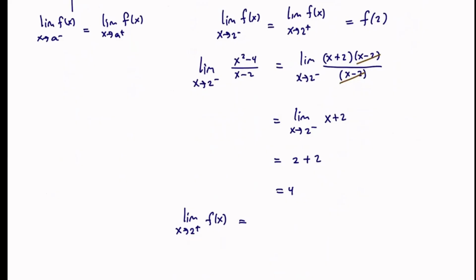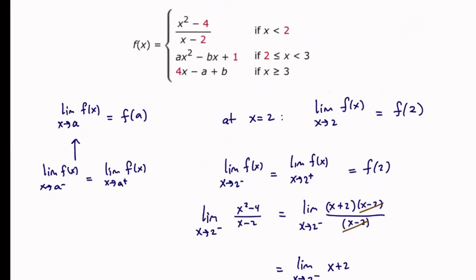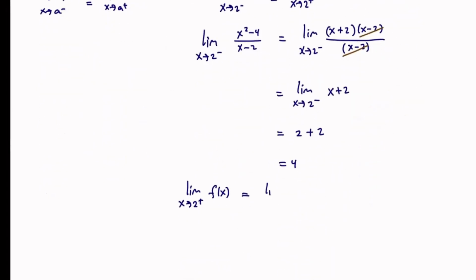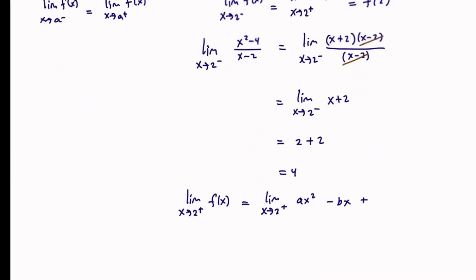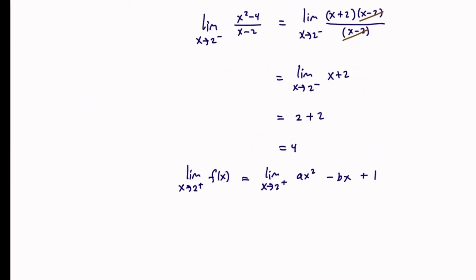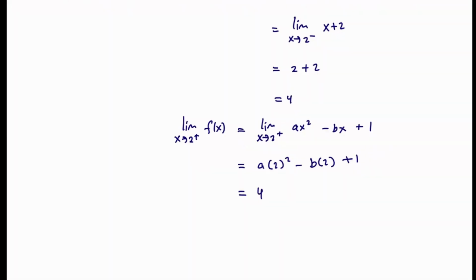So we select that piece of the function, ax squared minus bx plus 1. So the limit as x approaches 2 from the right of ax squared minus bx plus 1. I plug in the 2 into this function, so you'll have a times 2 squared minus b times 2 plus 1, which is 4a minus 2b plus 1.